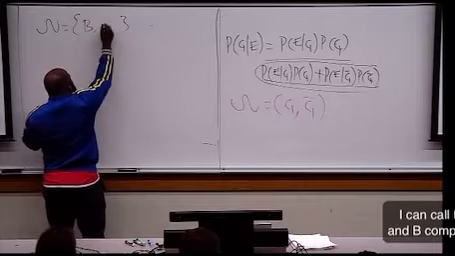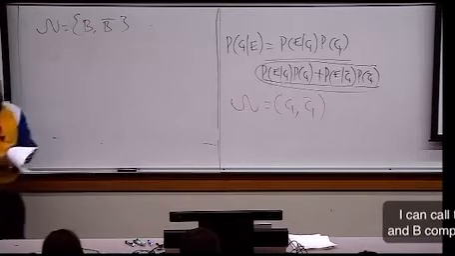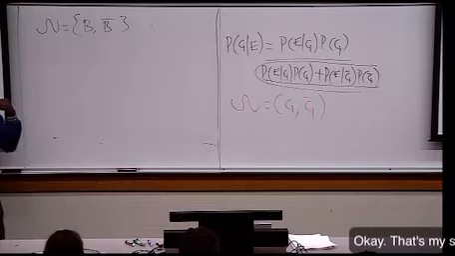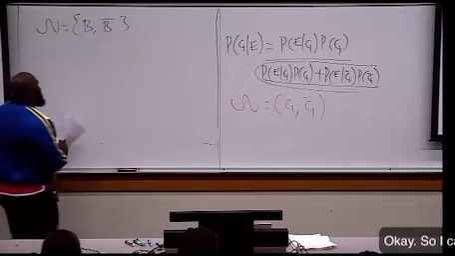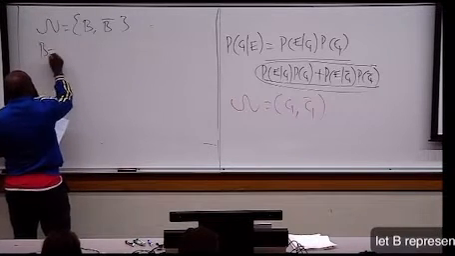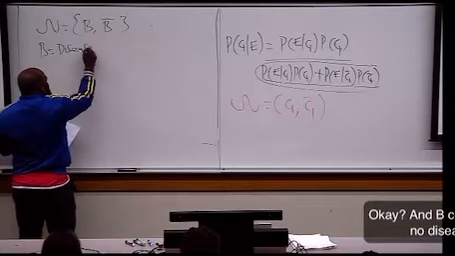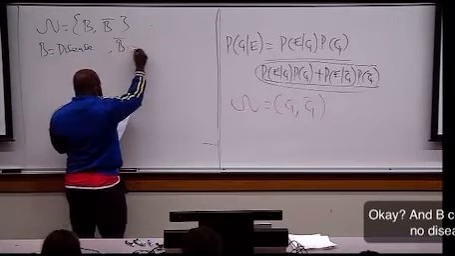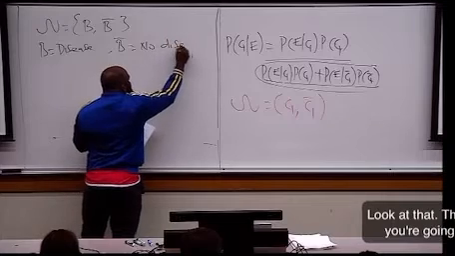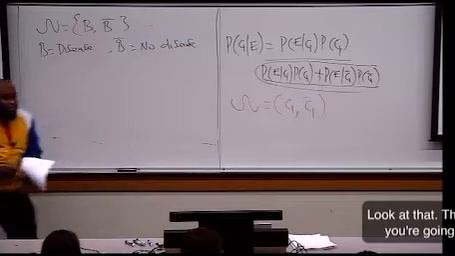I can call that B and B complement. That's my sample space. So I can write, let B represent disease, and B complement, no disease. Look at that. That's where you're going to start.